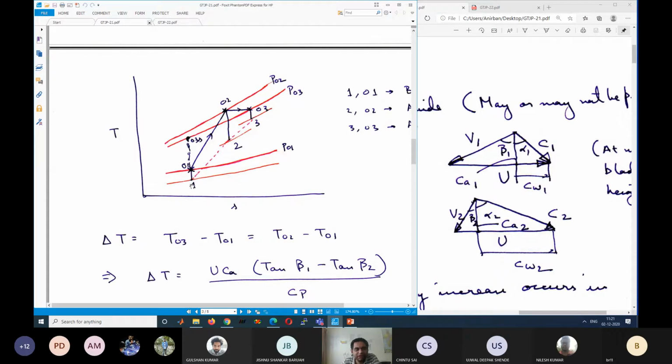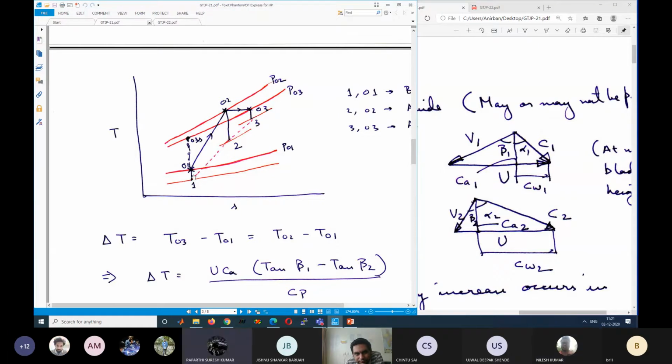How are T01 and T1 related? What is the length of this line in the TS diagram? It is the kinetic energy by Cp, because it is temperature. If it was enthalpy, it would be just the kinetic energy. Because it's temperature, T01 minus T1 is equal to which velocity will be considered here?